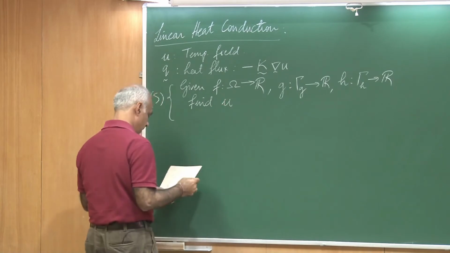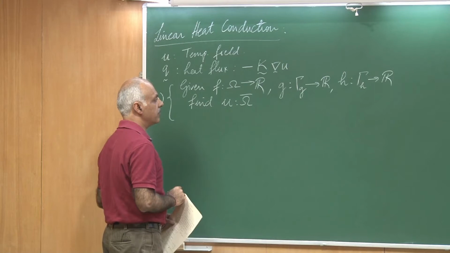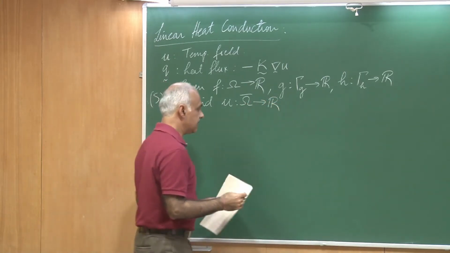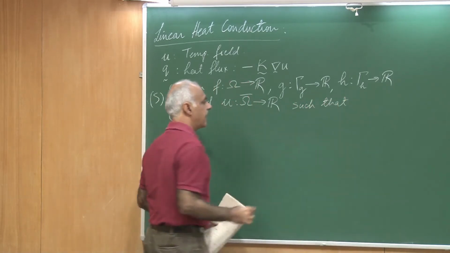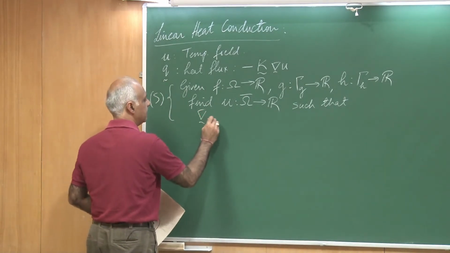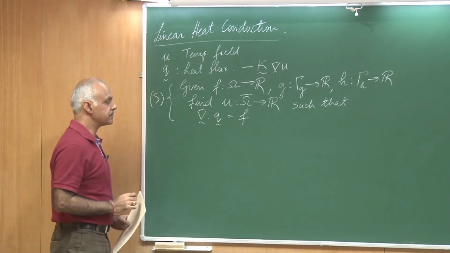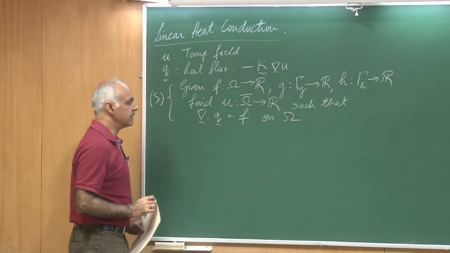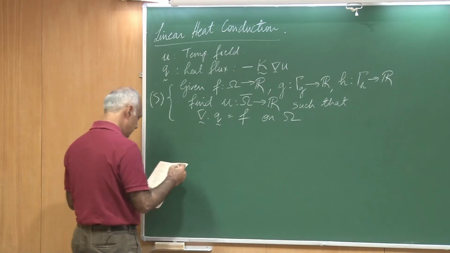a U that is defined on the closed domain omega bar and of course a real valued function such that I satisfy the heat equation, which is essentially divergence of Q is the heat source. This is to be satisfied on the domain omega, and then I have two boundary conditions, a Dirichlet type which is on the temperature field.